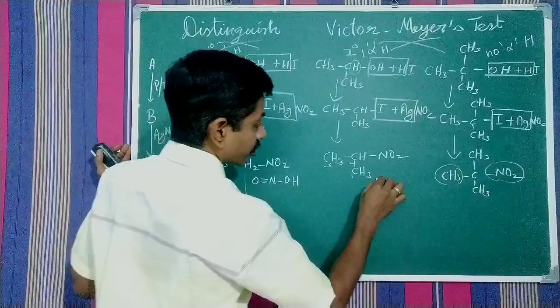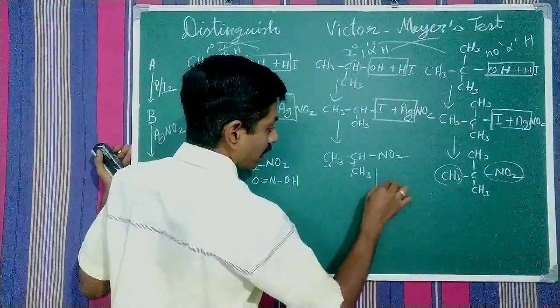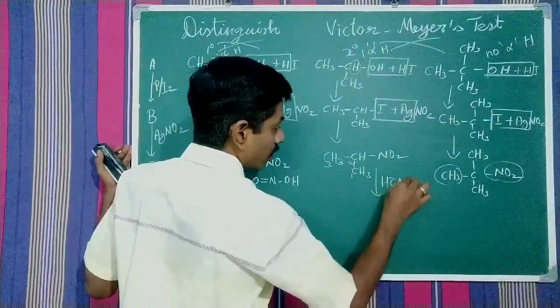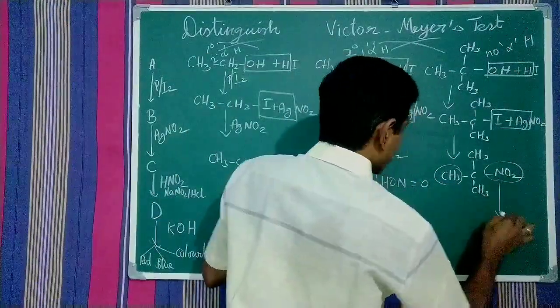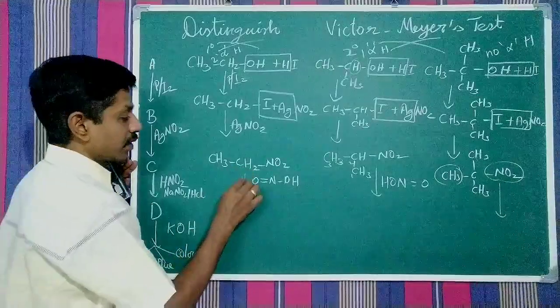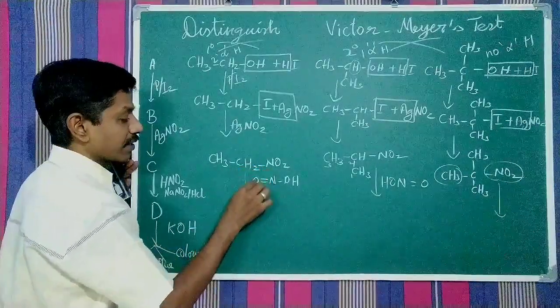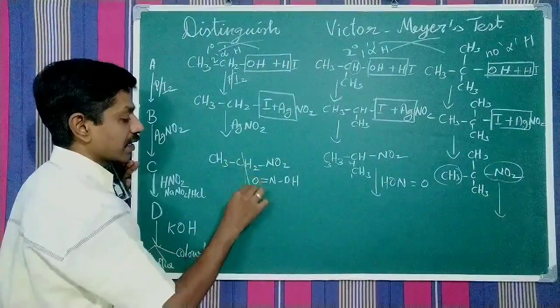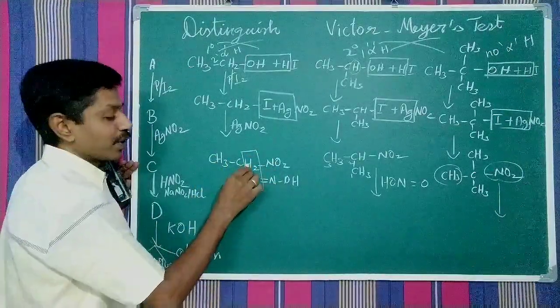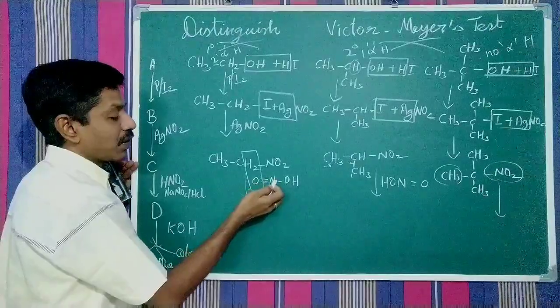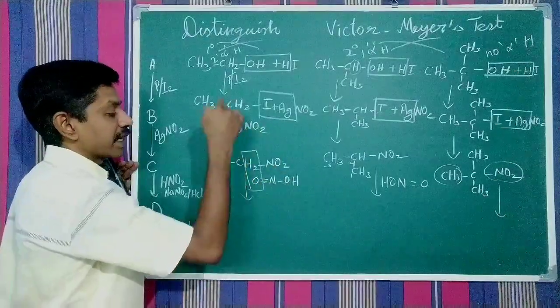And the same reaction I am doing here also. I am adding HONO. And this way, you just closely look here. Since it is having 2 alpha hydrogens, this oxygen and that hydrogen will react, by loss of a water molecule, and this double bonded N-OH group will get added here.